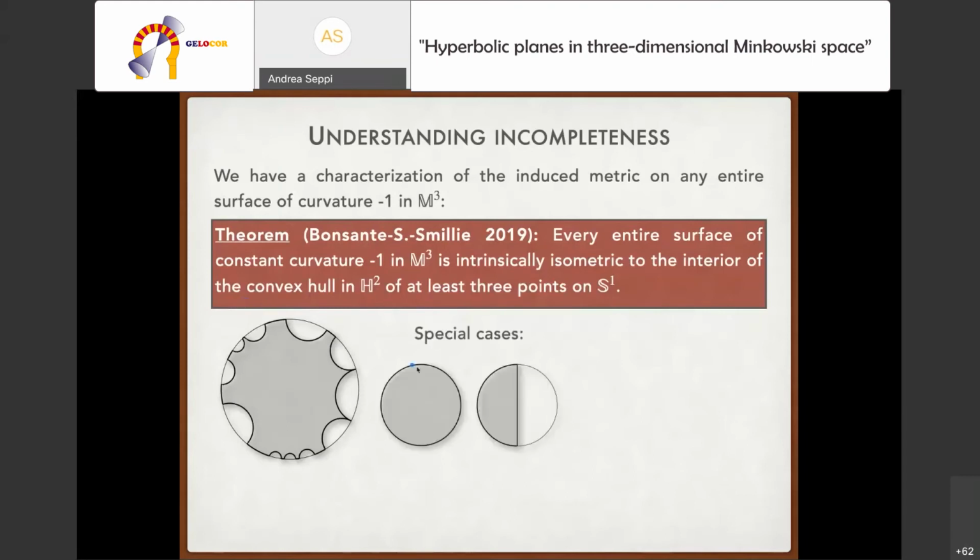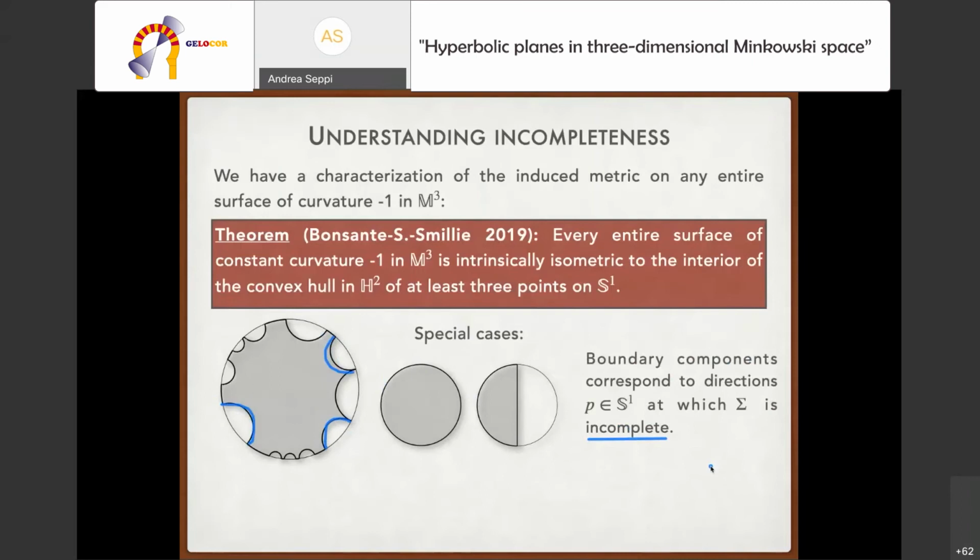So special cases are, of course, H2 is the convex hull of the whole S1 in H2. So this includes complete surfaces. Also, the examples that you've seen before, the half plane is the convex hull of a half circle. And now we can understand this much better, because all these boundary components you see in the completion of the induced metric correspond to directions in which sigma is incomplete.